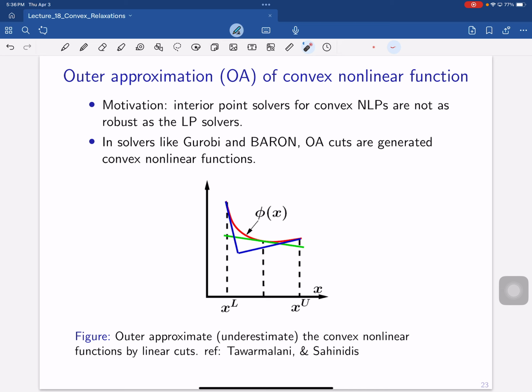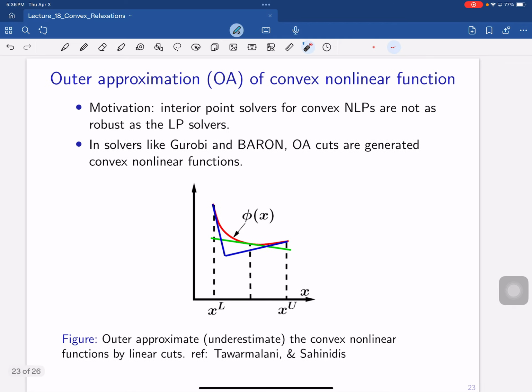But if you only choose one of the points, then it is a very poor approximation. The idea is we want to be a bit parsimonious in choosing the linear under approximator, but then we want to add them at so-called good locations of this convex function.